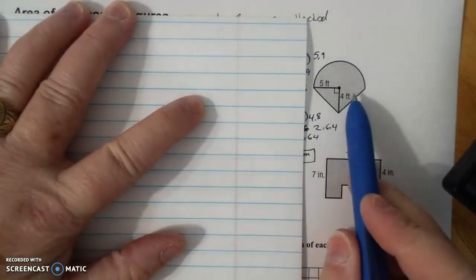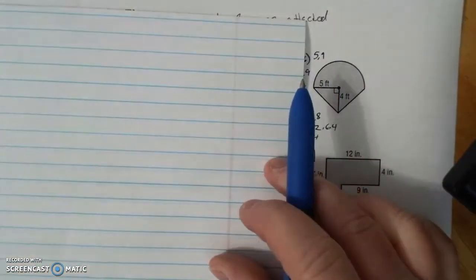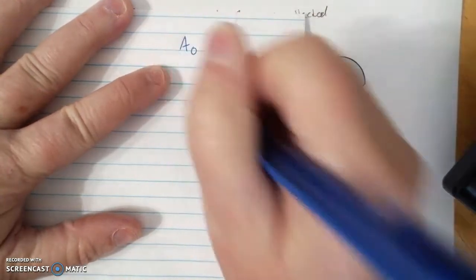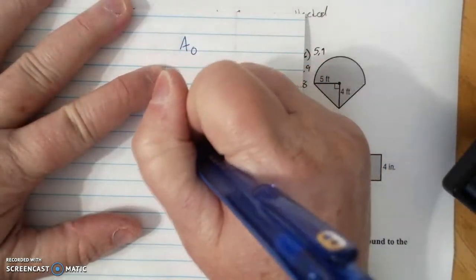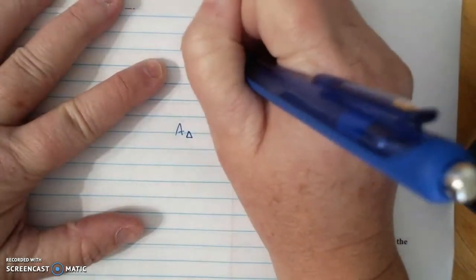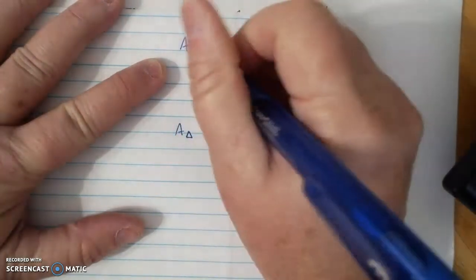So this right here is a triangle and a semicircle. So I'm going to do the area of a circle, and then a semicircle, and then I'm going to do the area of a triangle. The area of a circle is pi r squared, with my radius being 5.